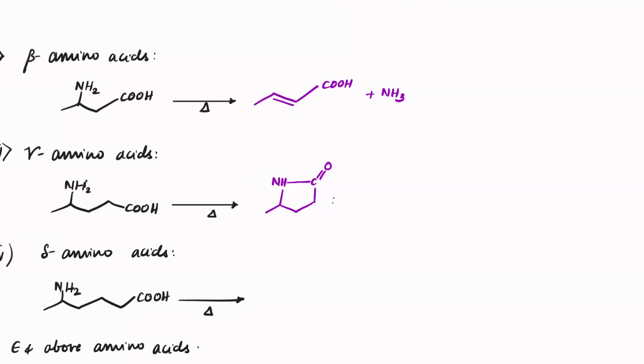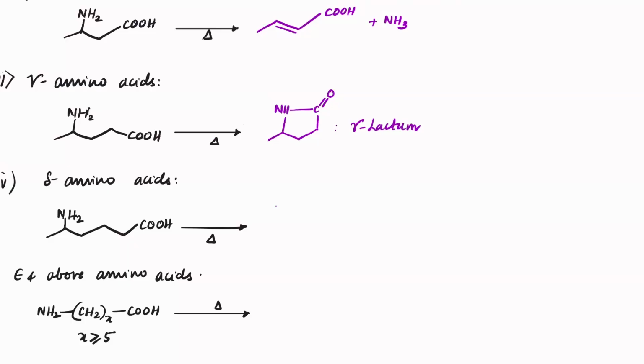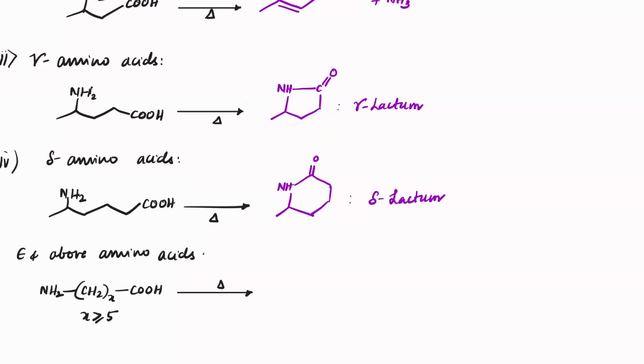So this is a gamma lactam. And in this case, we can have double bond O this way, and this will become delta lactam. This is derived from delta, so delta lactam.